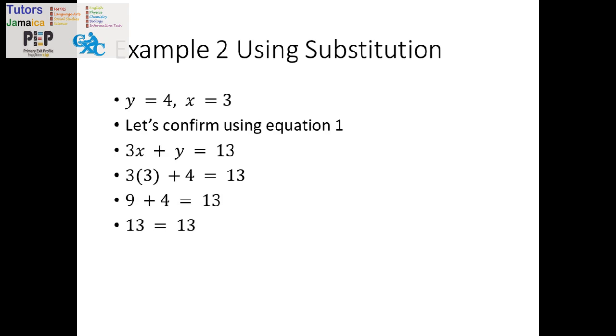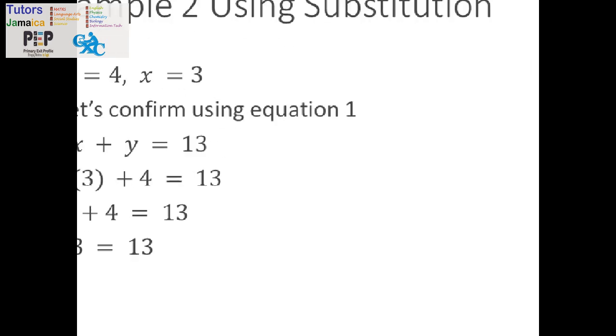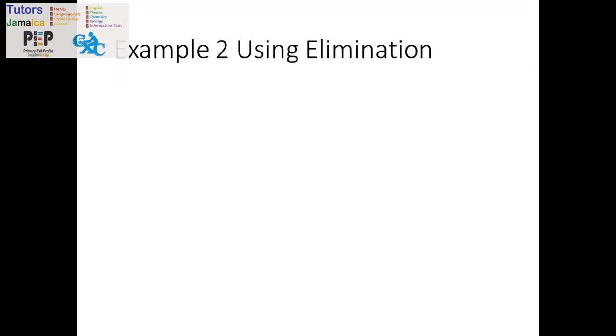So 13 is equal to 13. And once you've seen the same thing on both sides, then you know that you are doing something right. If you see different things on both sides, then you've either made a math error or a procedural error, but some error.